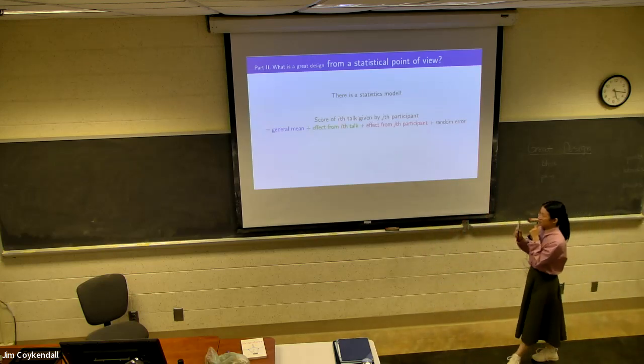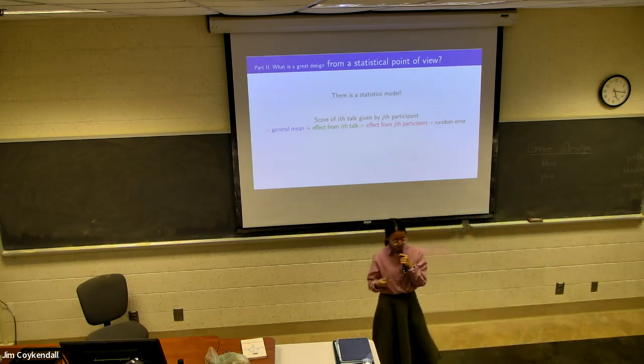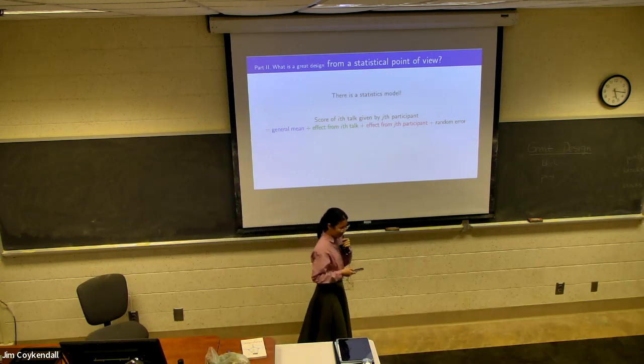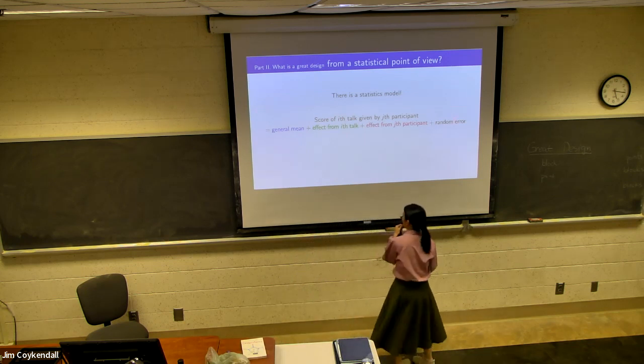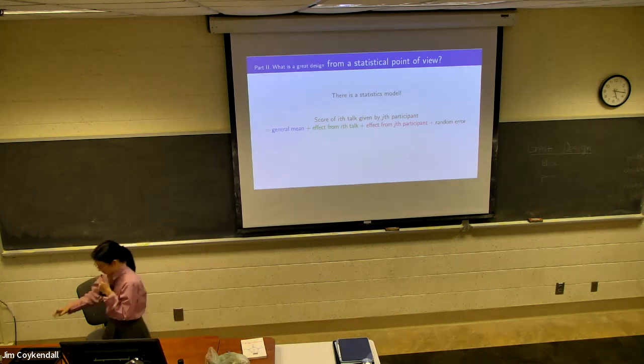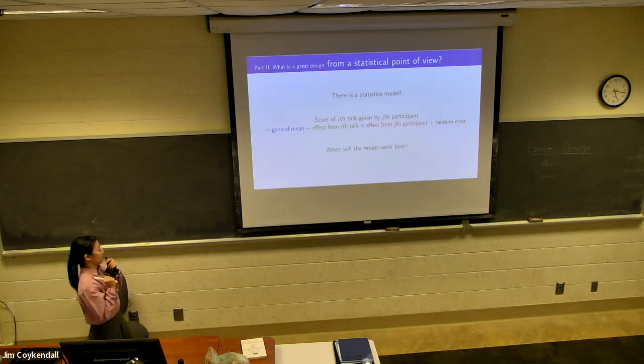The score will be given by a general mean with the effect of the I-th talk. If the I-th talk is better, then it will add a component for that, and then there is an effect from the J-th participant, and then there is some random error.